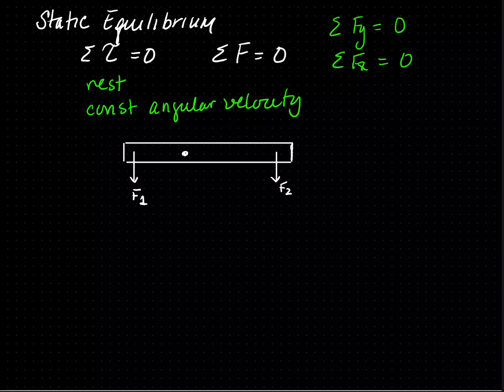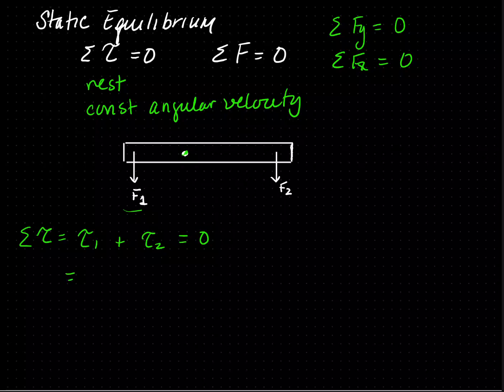So in this example, the pivot point is given to you right here. So we're going to write a sum of torque equation, which is torque of 1 from this force plus torque of 2, which is equal to 0, because this is in static equilibrium.